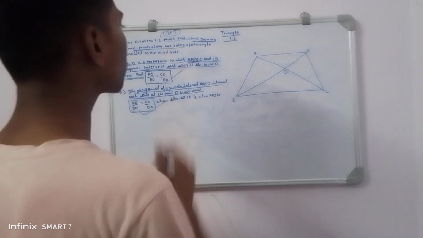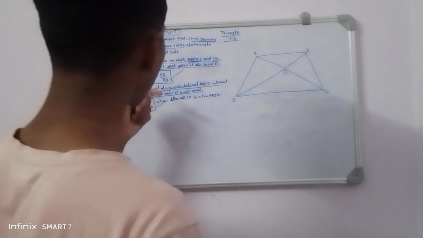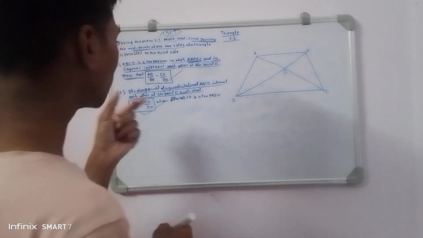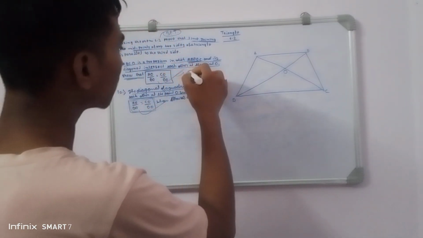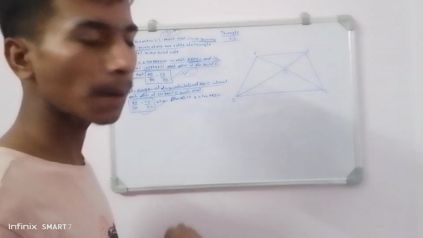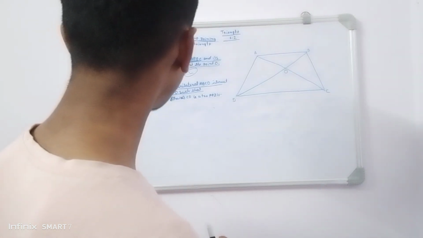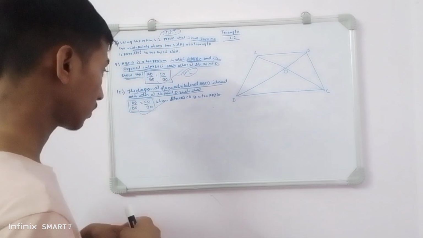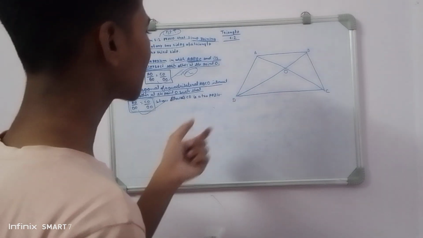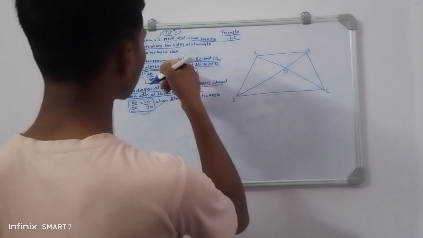This is like a converse: question number 10 is a converse of question number 9. So using this same concept, you could say that it is a trapezium, and this is what we have to prove. And if you are not able to understand, then I am going to teach you. This is the same thing as question number 9.